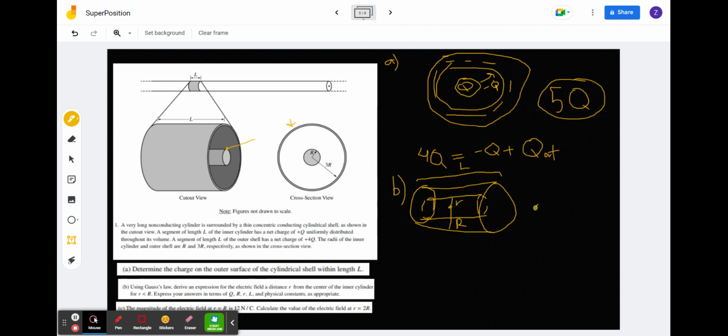The charge density in this case is going to be Q over pi big R squared L. So that means our charge enclosed is going to be pi small r squared L times the density.